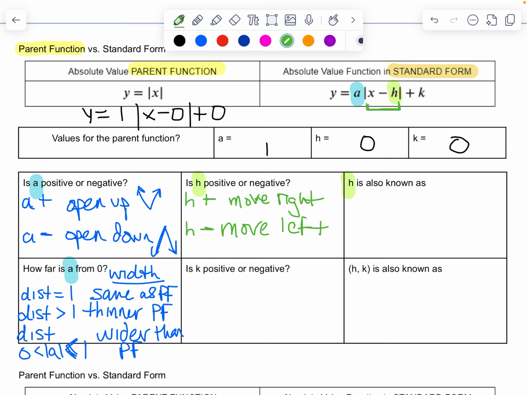In this scenario, H is also known as the axis of symmetry. We've seen the word axis before, and hopefully you've seen the word symmetry before, but what we happen to know here is that we'll be able to draw this imaginary line.